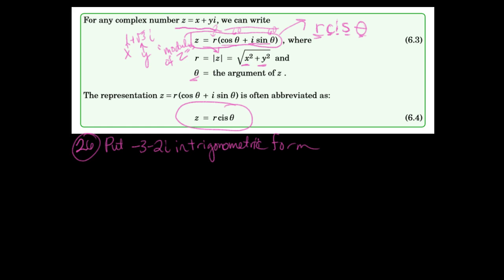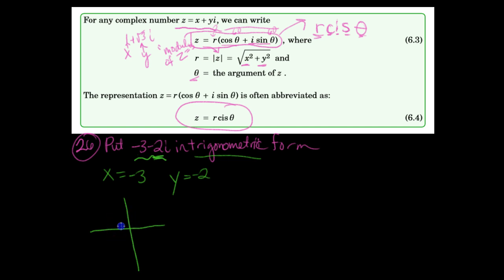Okay, so if we have to translate a complex number and put it into trigonometric form, this is number 26, first identify what x is. So x is equal to negative 3, remember that's the real part, and y is equal to negative 2. That's the coefficient of the imaginary part, an I. Now you have to figure out what the modulus is, or r, and that's what we're familiar with, the r value.